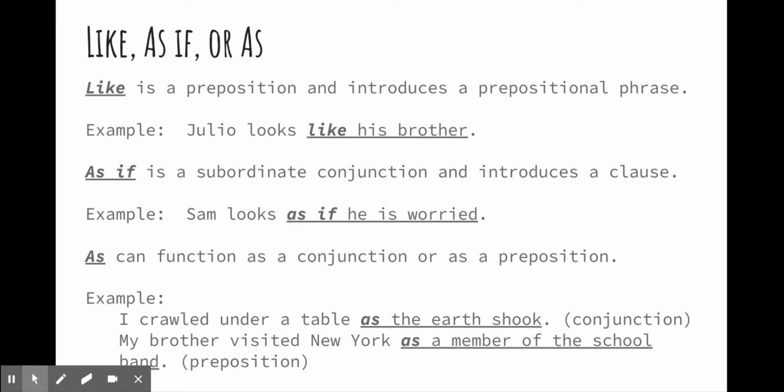The second example, my brother visited New York as a member of the school band. In this case, it's acting as a preposition for the prepositional phrase as a member of the school band. So either one of those are correct and it can be used as either. But sometimes we may choose to use as instead of like or as if. So make sure that whichever one you pick, you're using it correctly.